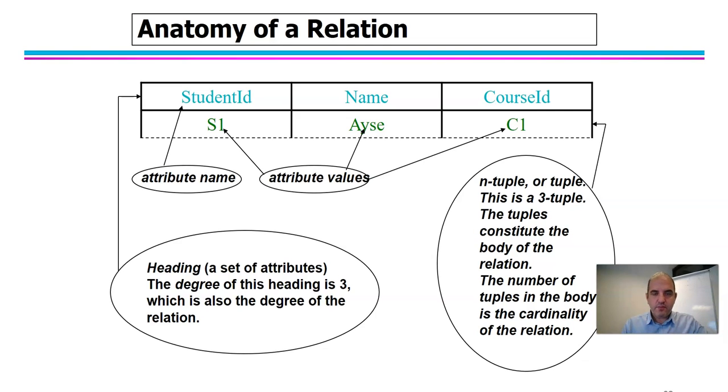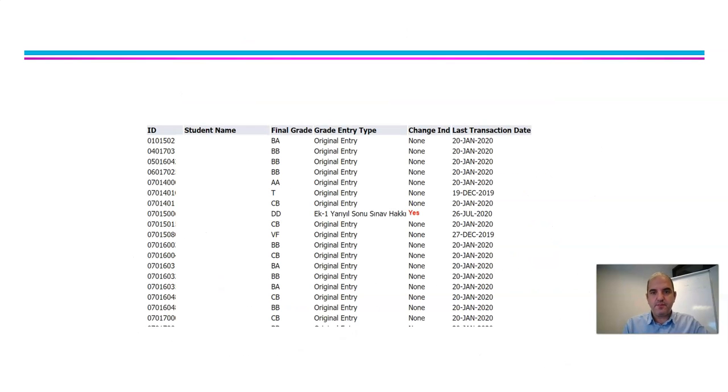So now let's turn back to a previous slide, or let me bring you this screen capture. I used it before when I tried to introduce the database servers as an example. Here you can see a table.